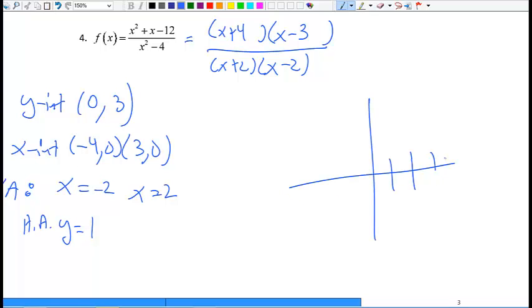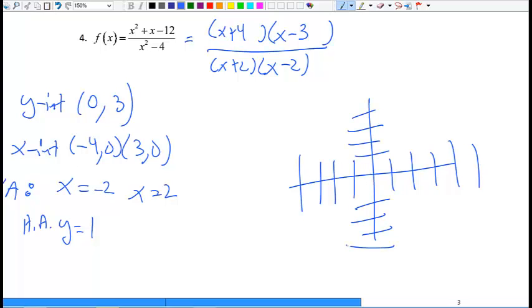Okay, so let me fill in our information. Let me start with the asymptotes. I know I got one at negative 2, and I have one at positive 2, and I know I have one at y equals 1.